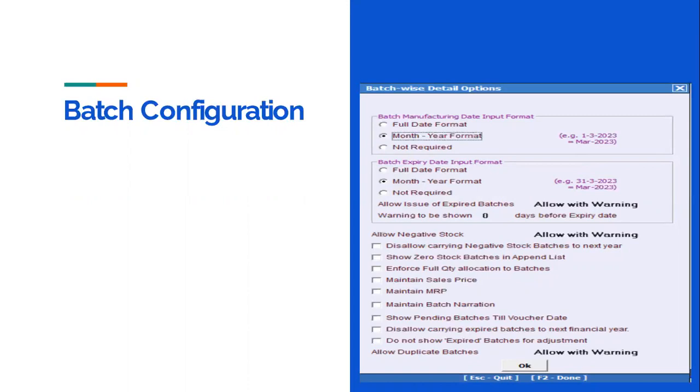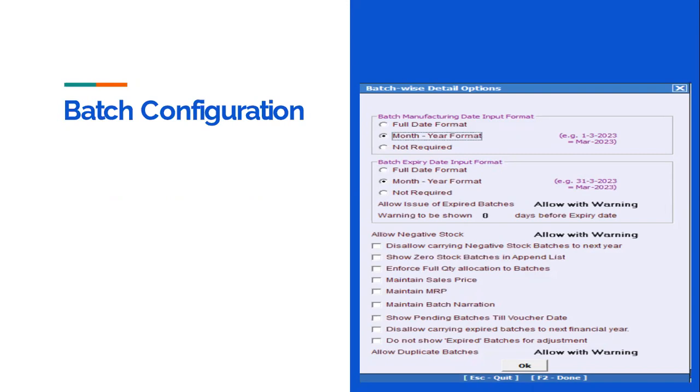Here you have to decide which type of date input format is required, for the manufacturing date entry as well as the expiry date entry. Generally, the date format comes in two types. One is the full date format, which means DD-MM-YYYY. Another is the month year format, which means MM hyphen YYYY.